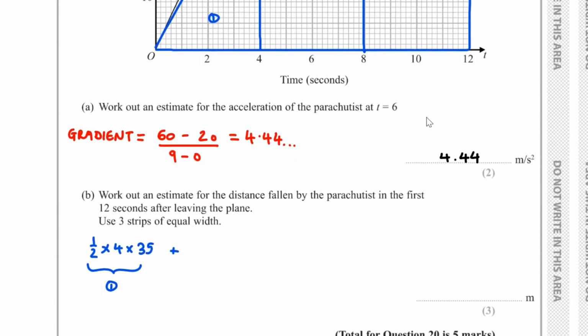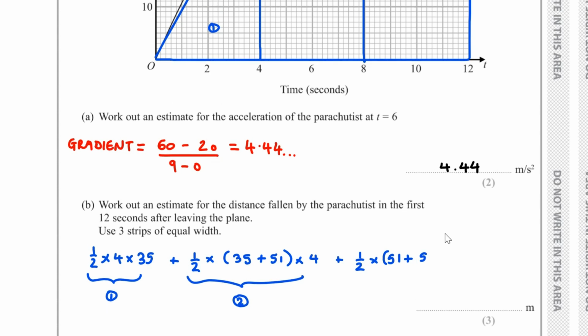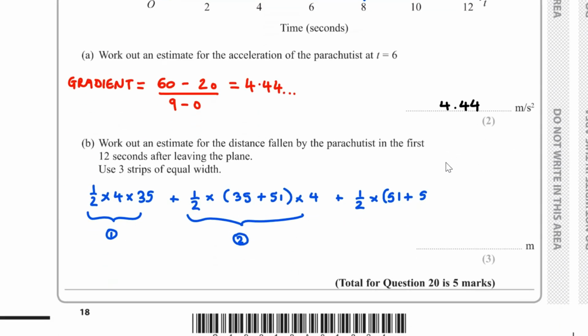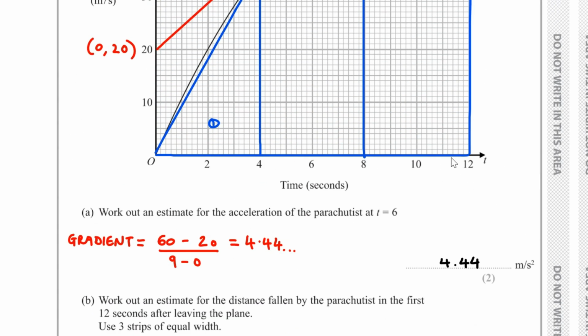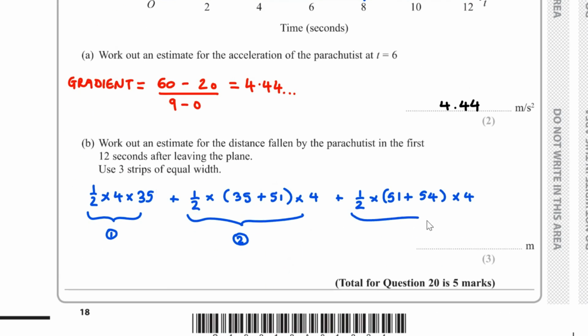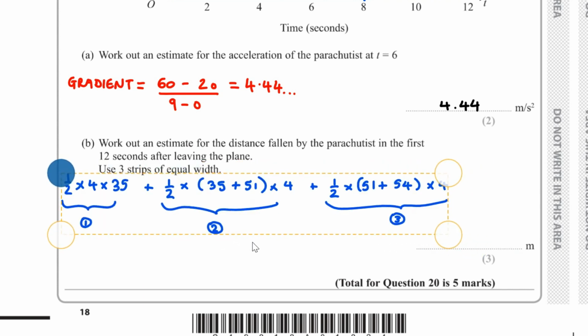So we've got the area of a trapezium, which is 1/2 times 35 plus 51 times 4. So this is the area of 2. And then the third one, we've got 1/2 times 51 plus, well, this point here is 54, and the height is 4. Okay, as we see here. So this is the third one.